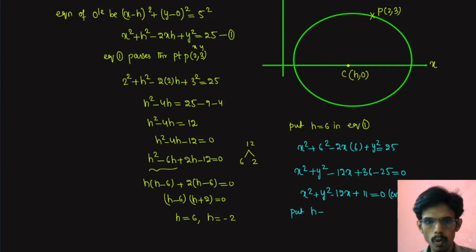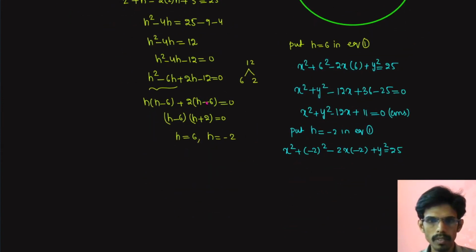Put h equal to minus 2 in equation 1. I will get one more equation of circle, that will be x square plus minus 2 square minus 2 into x into h, h value is minus 2, plus y square equal to 25. So this will become x square, next write down y square term plus y square.